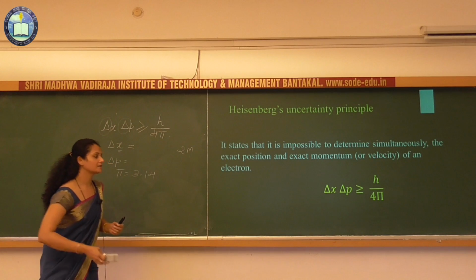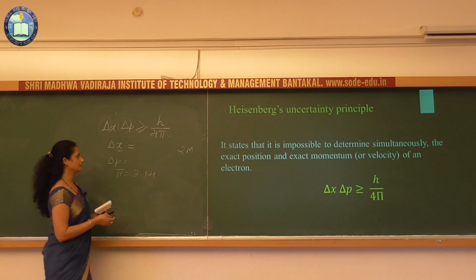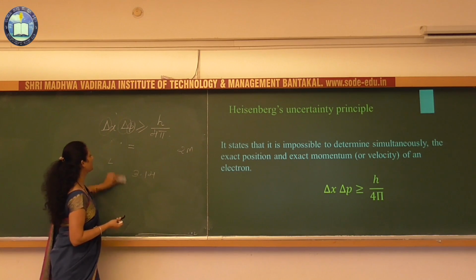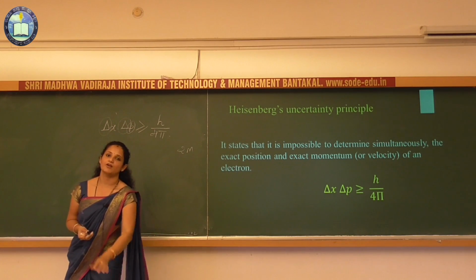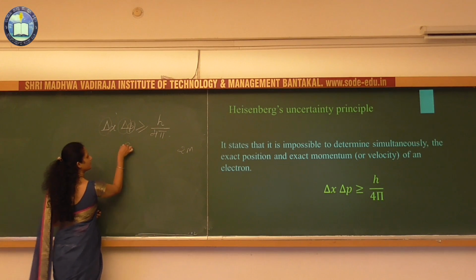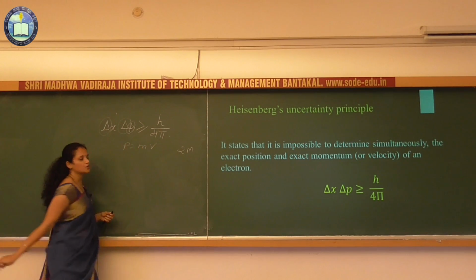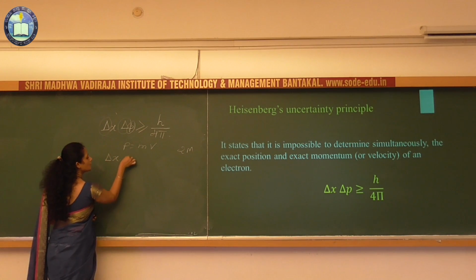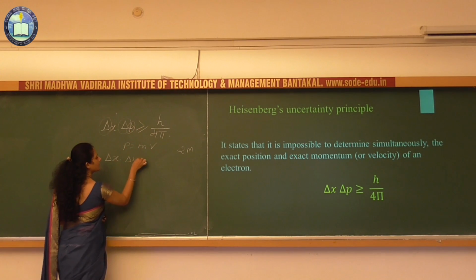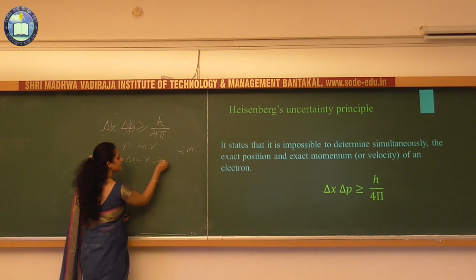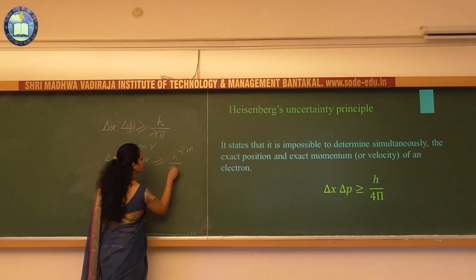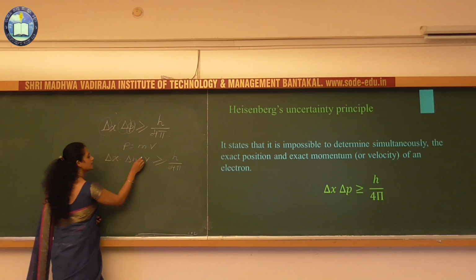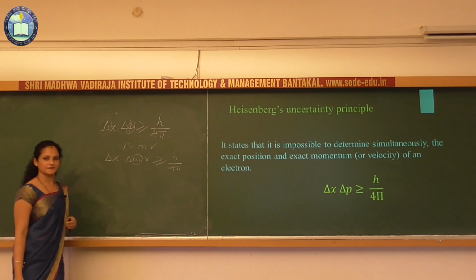Now, we can also write Heisenberg's uncertainty principle by substituting the momentum term. We know that momentum is equal to the product of mass and velocity. So, substitute over here: delta x into delta p means m into delta v, which is greater than or equal to h by 4 pi. See, the mass is always constant, isn't it?